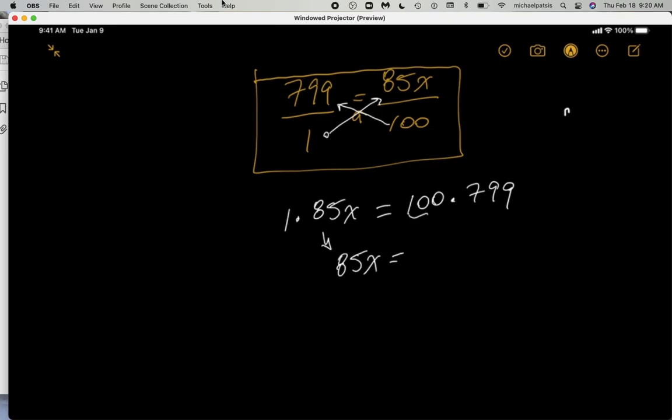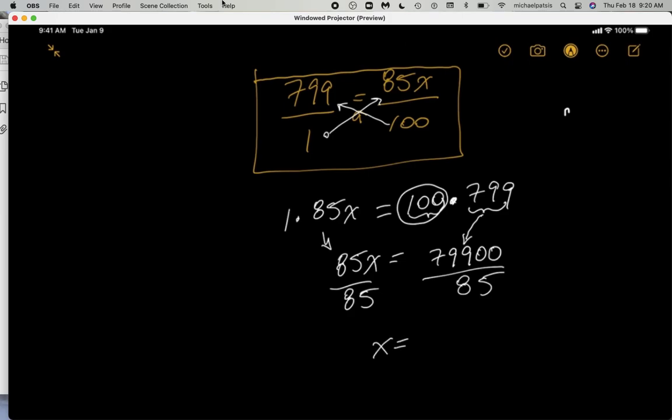We're multiplying by 100, which means by definition this number is going to get bigger. How much bigger is it going to get? We're multiplying by 100, so we're going to add 2 zeros. Divide by 85. And when we do that in a calculator or using long division, we get 940 pounds.